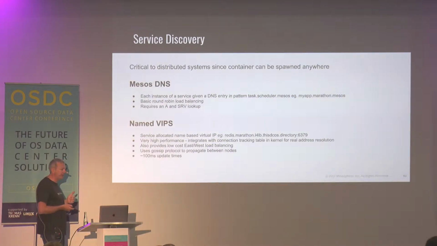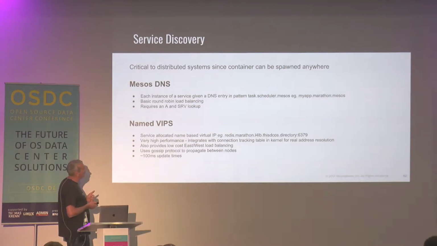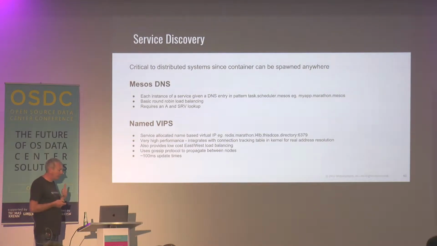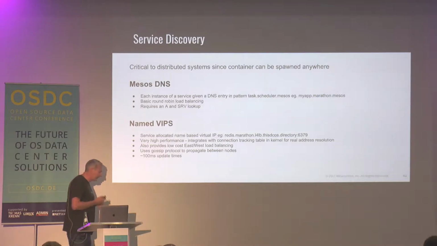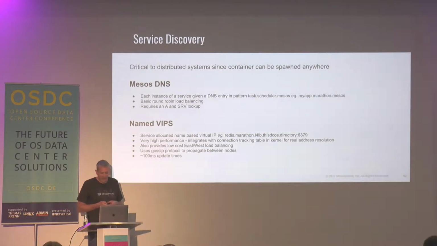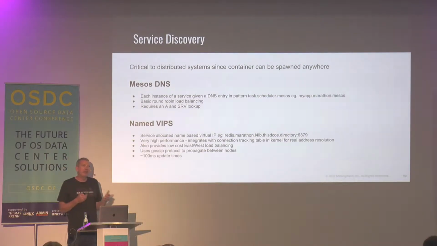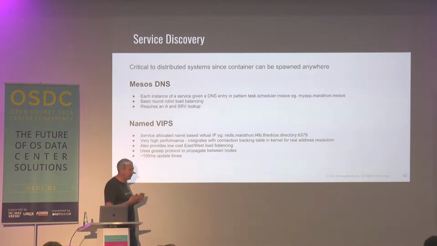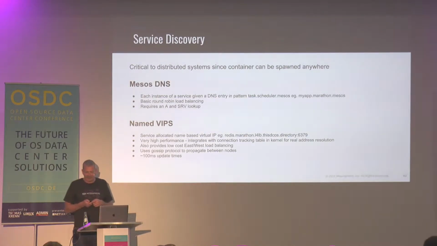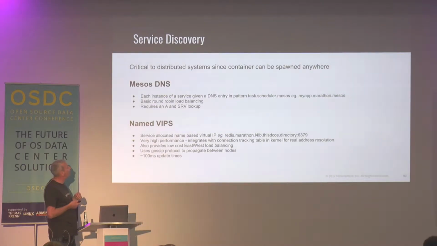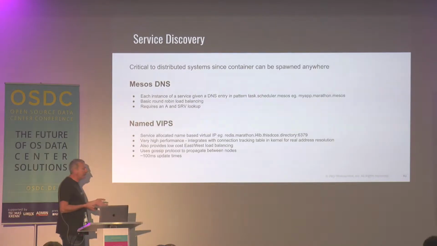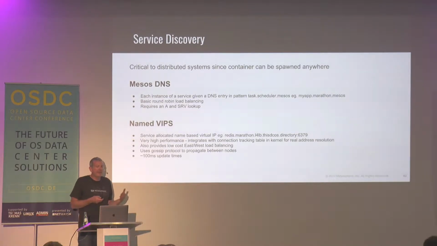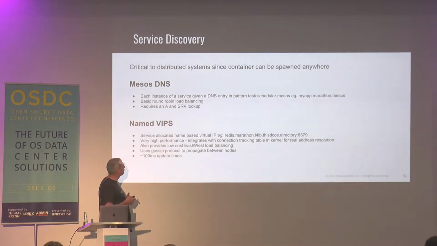In DCOS, we have two mechanisms for service discovery. The first one is called Mesos DNS. And as the name suggests, it's DNS-based. So every element of every application, every task that Mesos spawns gets allocated a DNS entry in this particular format. Clearly, when you have multiple instances of a particular service, you're going to get some basic round-robin load balancing there.